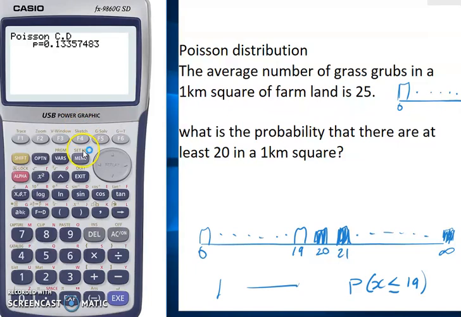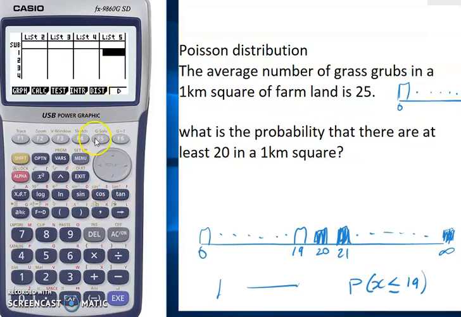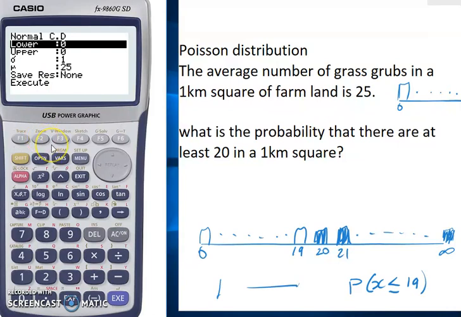Now your normal distribution is exactly the same. Exit out. Distribution, normal. Generally we use a cumulative unless we're doing a continuity correction. Lower end, upper end. Let's say we're looking at less than 60, some situation. The lower end is all the way to the lower, so we want a really small number, all the way less than 60. So I'm going to put negative 9999, a really, really small number.